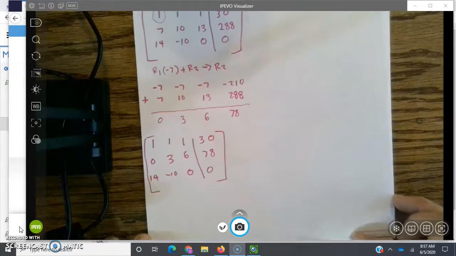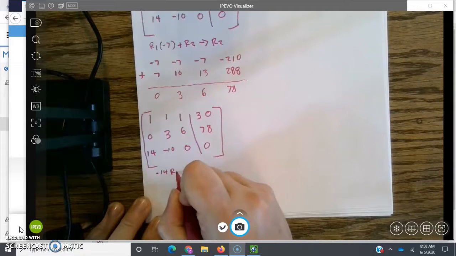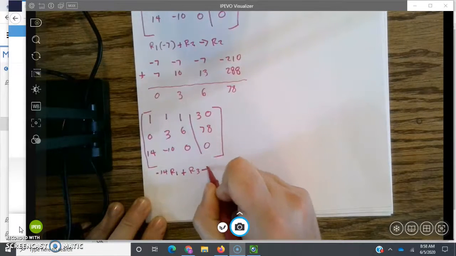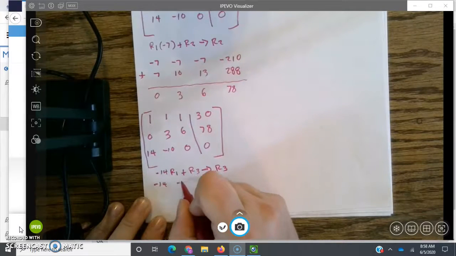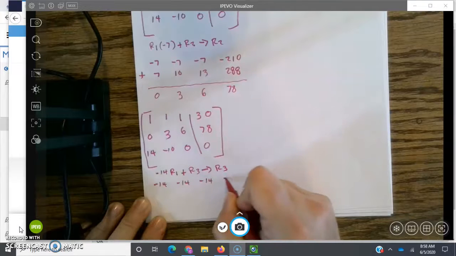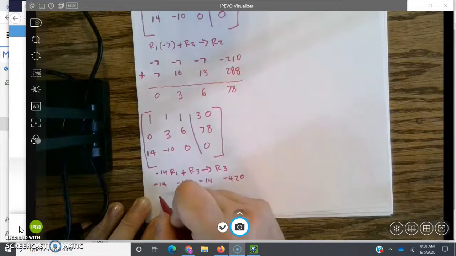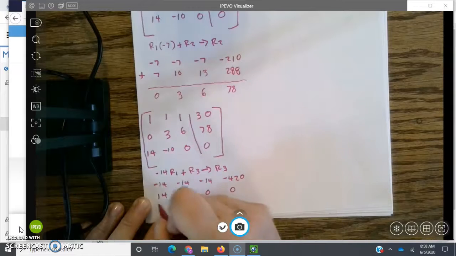So I'm going to use row 1 again: negative 14 times row 1, plus row 3, in for row 3. So it'd be negative 14s for row 1 and negative 420. And then for row 3, it was 14, negative 10, 0, and 0. Add them up.